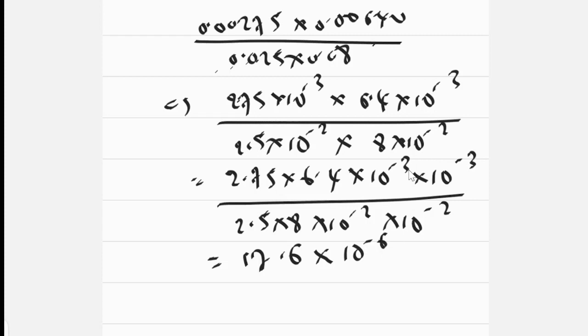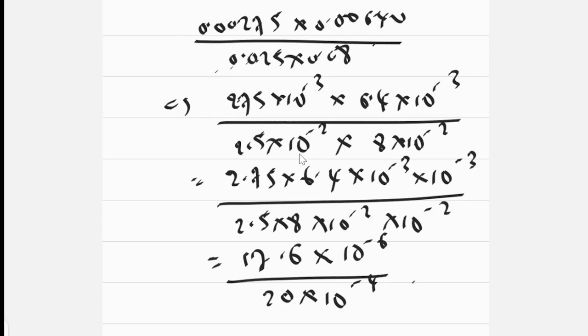If you apply the laws of indices, that's minus 3 plus minus 3, that's minus 6. Then 2.5 times 8 is 20 multiplied by 10 raised to the power minus 2 minus 2, that is minus 4.